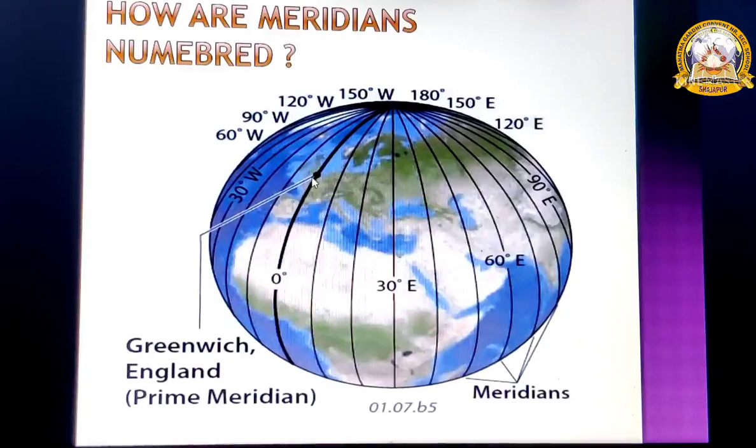The meridian that passes through Greenwich was marked as 0 degree and named the prime meridian. So the prime meridian is taken as the starting point for all other meridians.